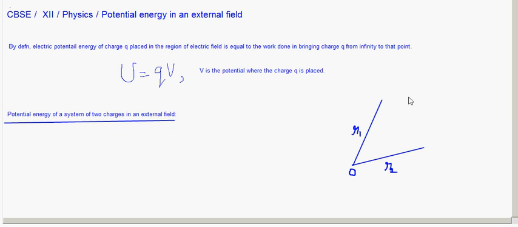So consider 2 points, point 1 and point 2, at a distance r1 and r2 from the origin, in the external field. Let V1 and V2 be the potentials at these points.